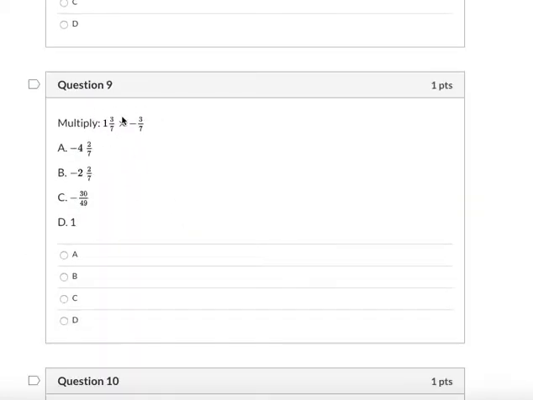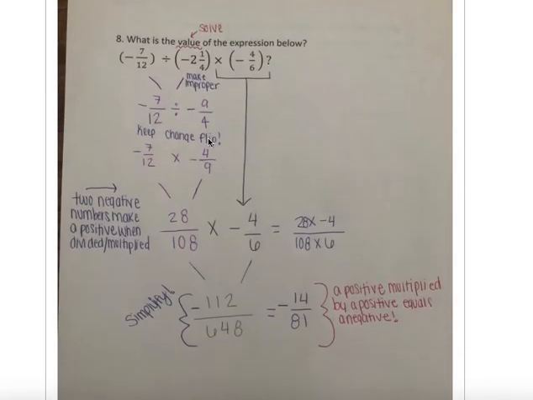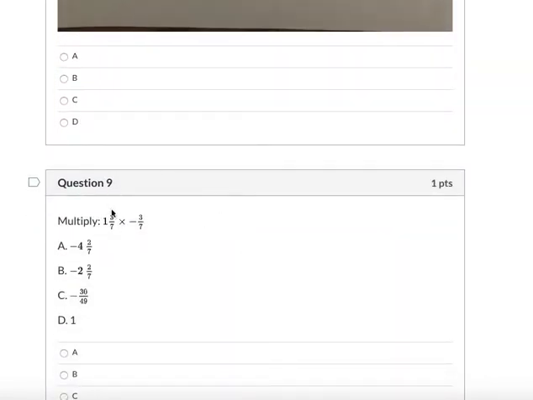Also, when we had the mixed number up here, what did we have to do with it? We made it improper. Set up your problem, solve. Is it A, -4 2/7, B, -2 2/7, C, -30/49, or D, 1?